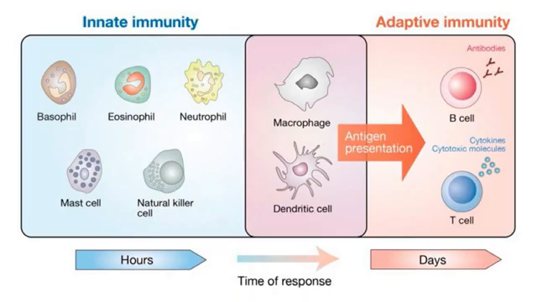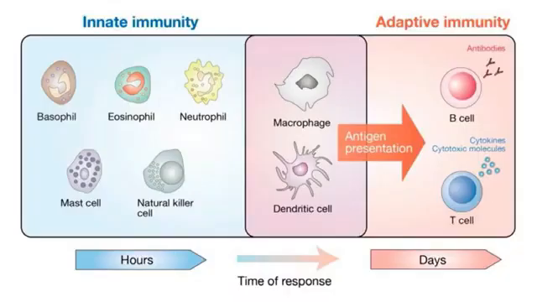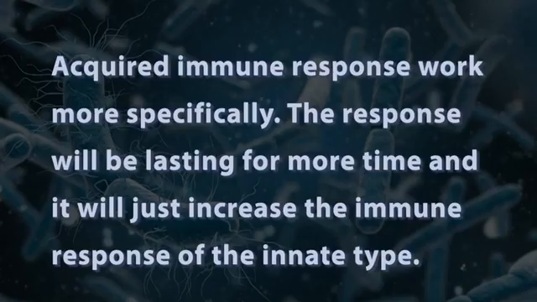As mentioned earlier, this type of immune response has no specificity against the antigens. It shows vast and quick responses to the antigen attack. There will not be the formation of any memory system by this response. The acquired immune response works more specifically.